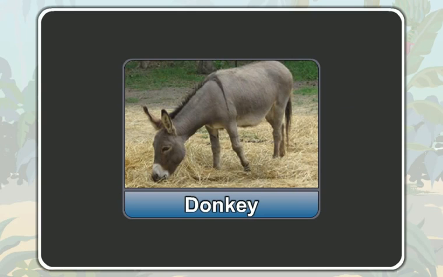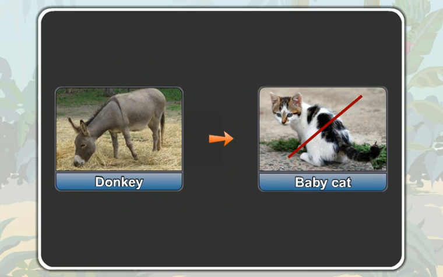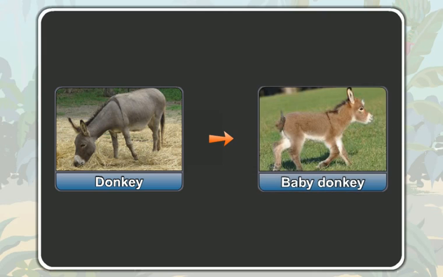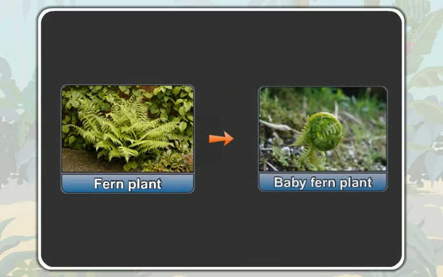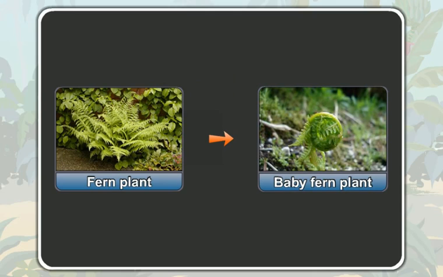Likewise, a donkey cannot reproduce a cat. A donkey can reproduce only another donkey. Only a fern plant can reproduce another fern plant.